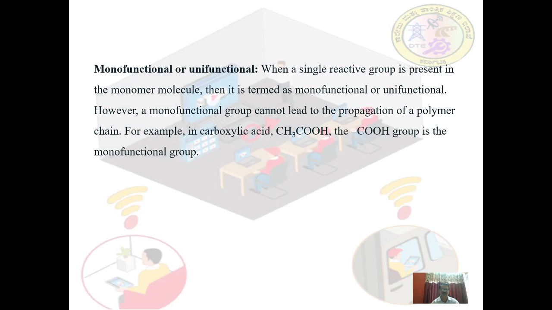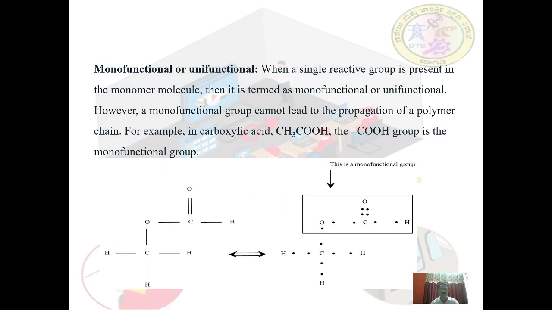For example, in carboxylic acid, that is acetic acid, the COOH group is a monofunctional group, so we cannot produce a polymer out of these. This is the structure of the monofunctional monomer.